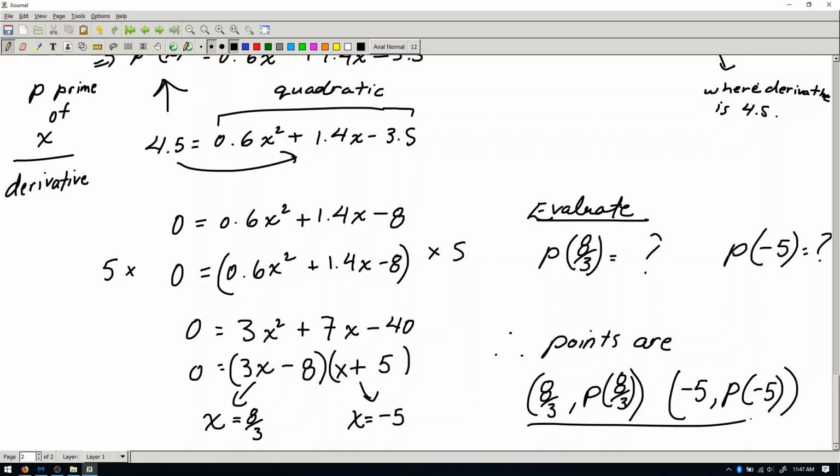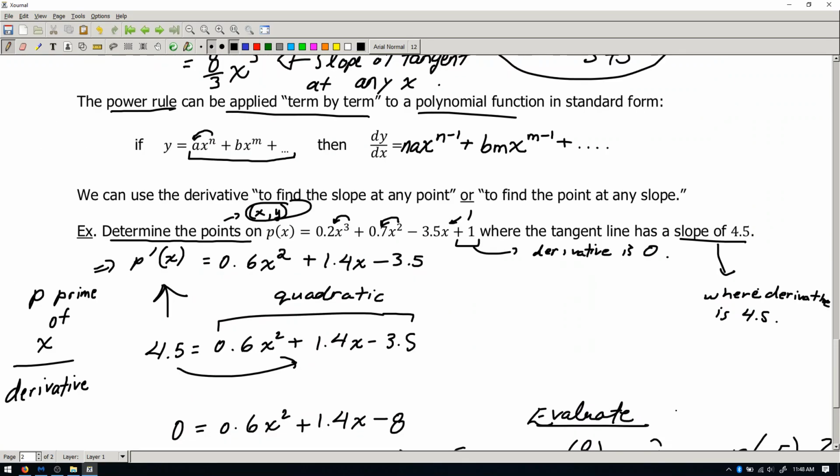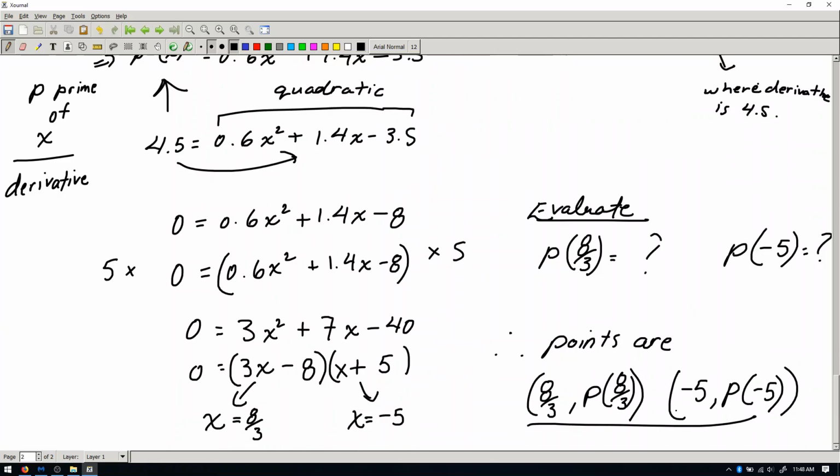There you go. So these are the 2 points to solve the question of where the slope is 4.5.